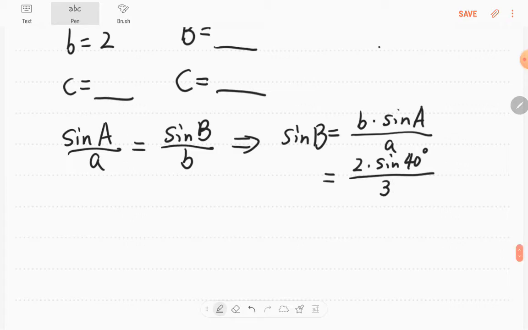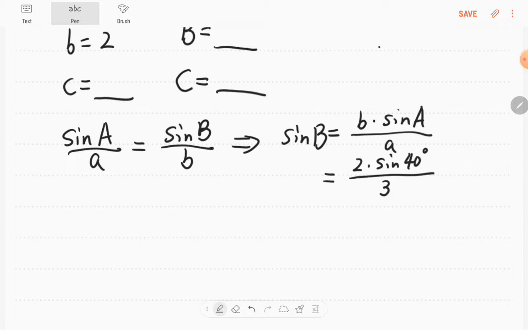If we want to calculate angle B, this is a positive number, so sine B equals a positive number. Since B is between 0 and 180, we actually have two angles. One is an acute angle, the other is its supplement, an obtuse angle.